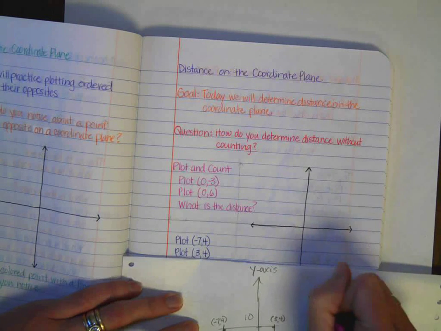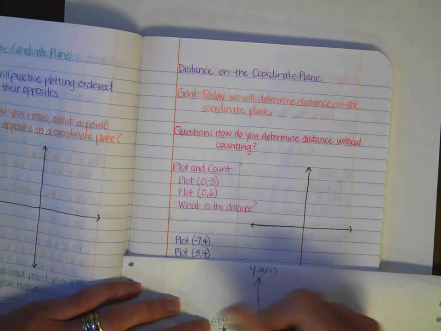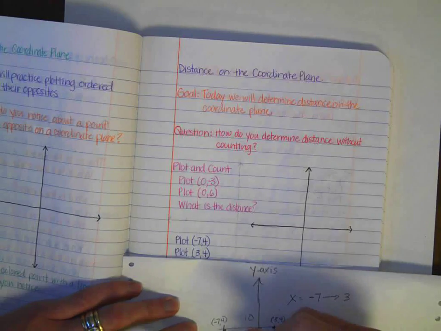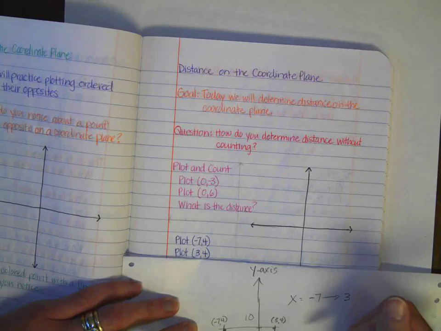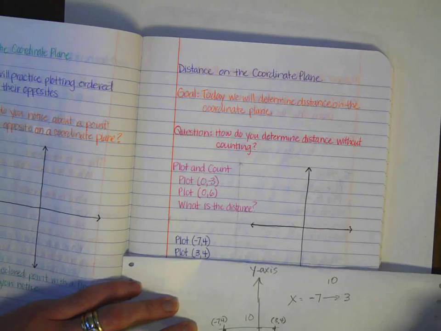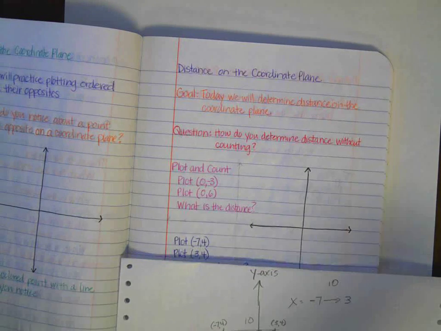Now, if we focus on what is not the same, we have the x values are not the same this time. So we have -7 going all the way to 3. So how did we get there? How did we get from -7 to 3? What did we do? We find that it is 10. Okay?